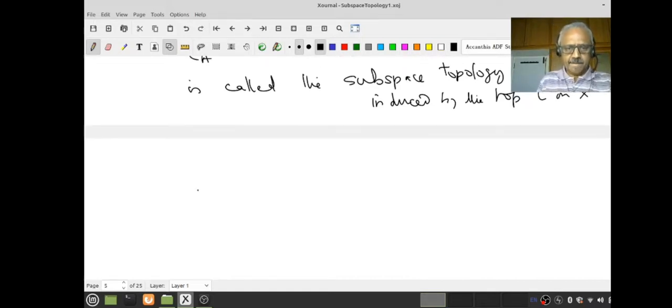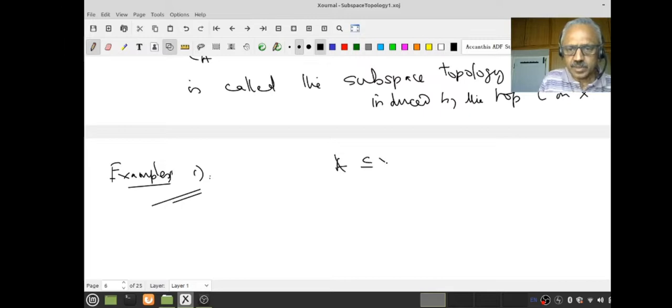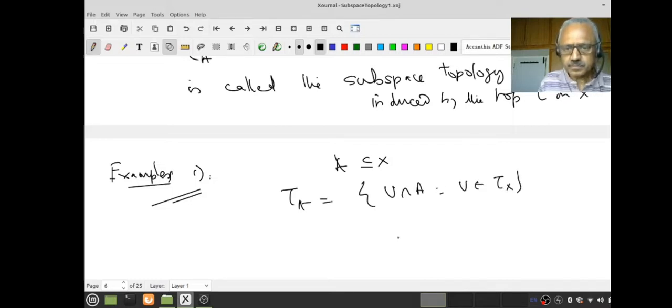Okay, so we want to look at a lot of examples. So example 1. So let us quickly recall, if A is a subset of X, then tau_A, how do I define? It is U intersection A, where U is in tau_X, or tau, right?